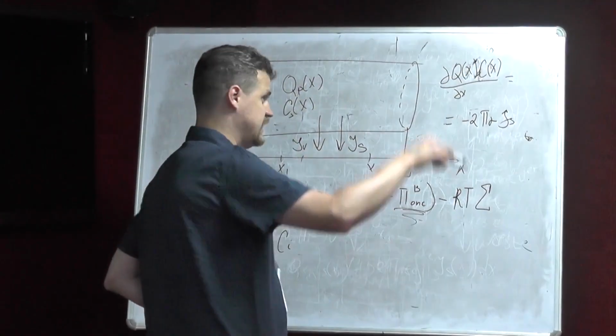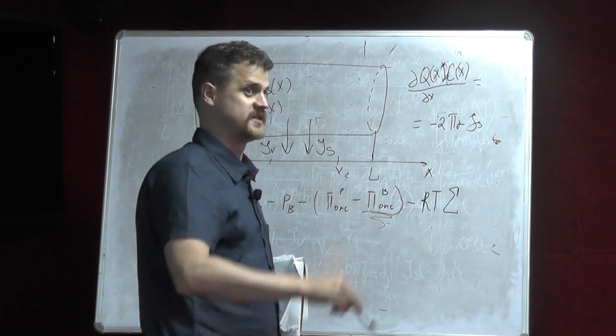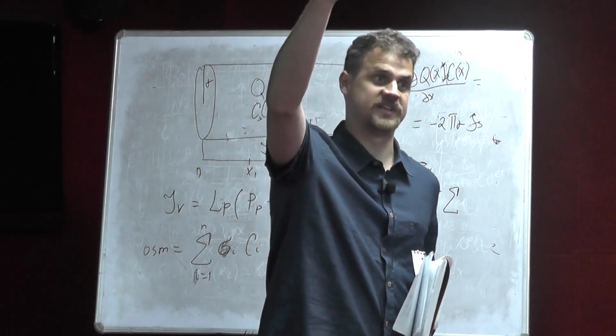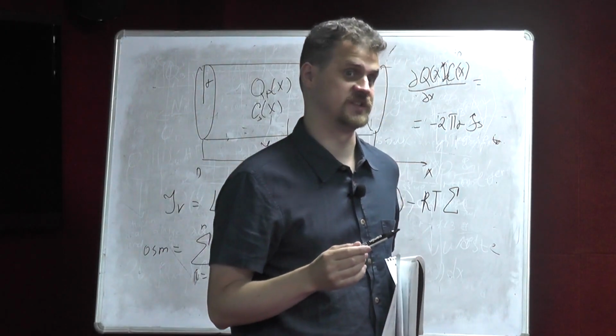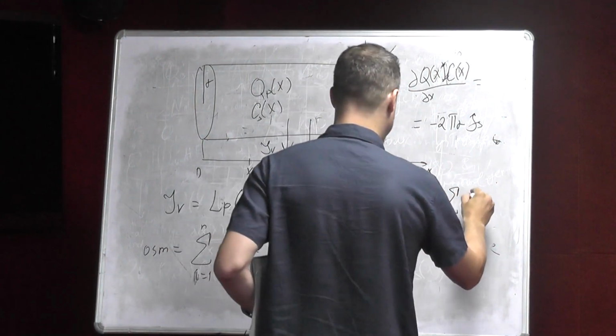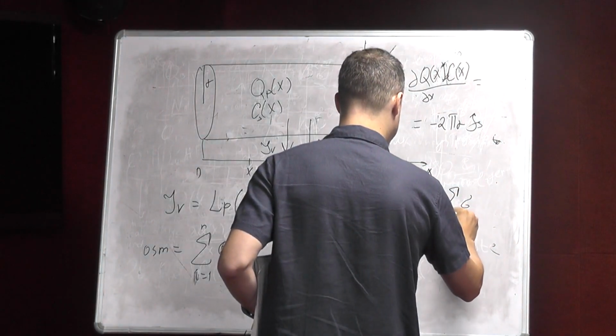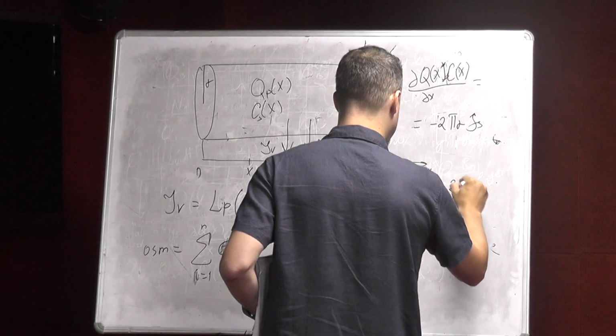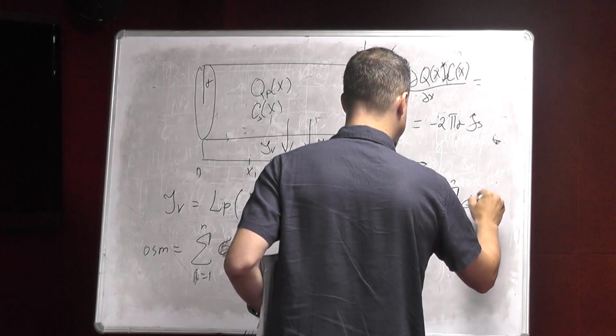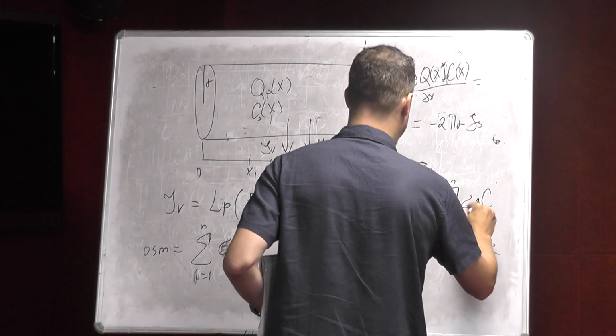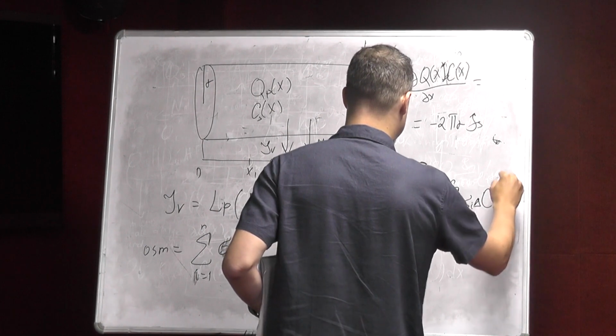In our case, it's a plasma or blood. But here we have to take into consideration the difference of osmolalities between the plasma and the Bowman space. So basically we have to estimate the difference of concentrations of that solute.